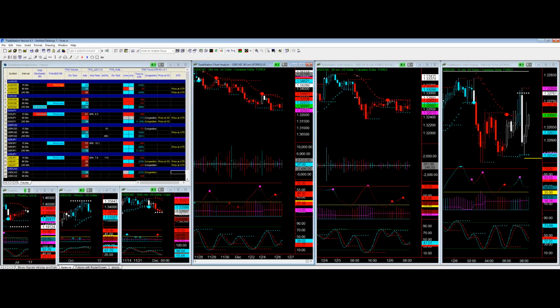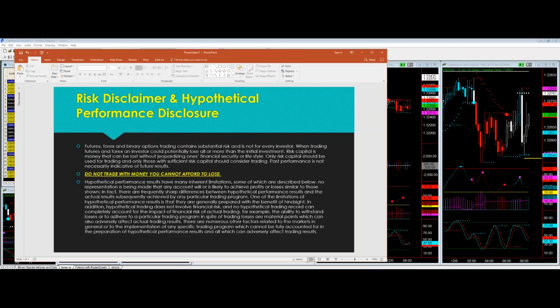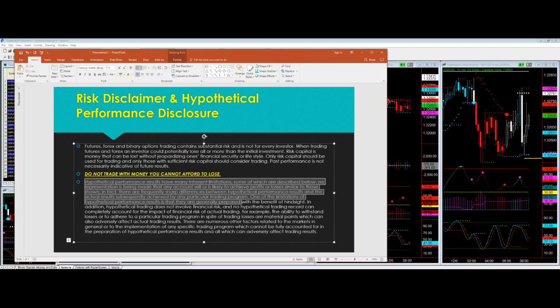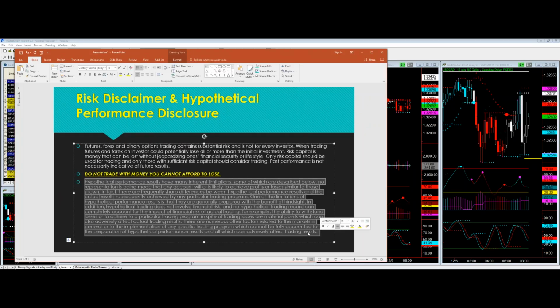Since we don't have anything right now over here, I'm going to show you the strategy on some stocks, okay? It is hypothetical, so you have to read the hypothetical performance results, have many inherent limitations, some of which are described below.